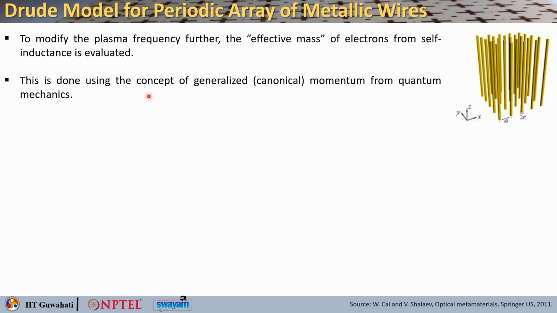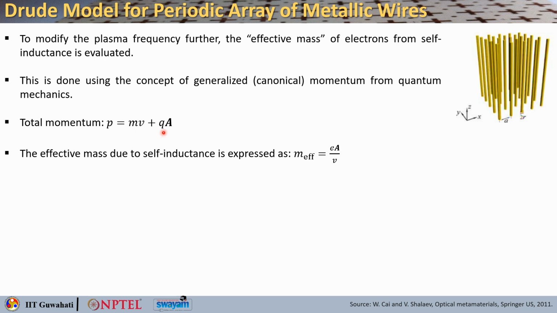This is done using the concept of generalized, or canonical, momentum from quantum mechanics. You can calculate the total momentum P equals mv plus qA, where v is the charge velocity, A represents the vector potential, m is the static mass, and q is the charge.